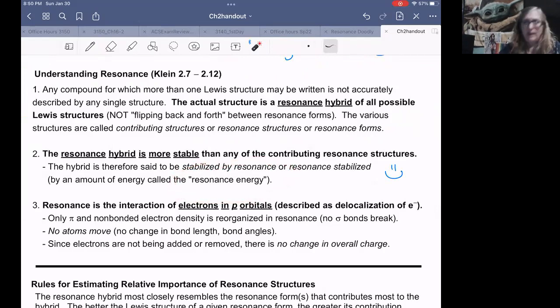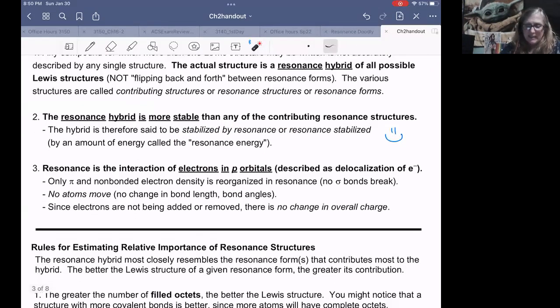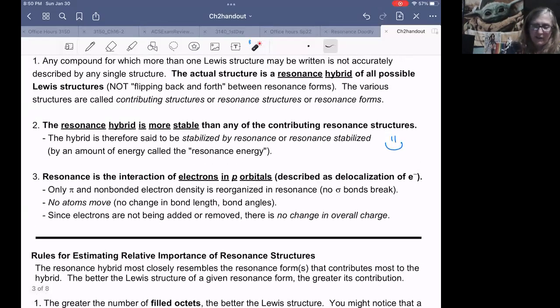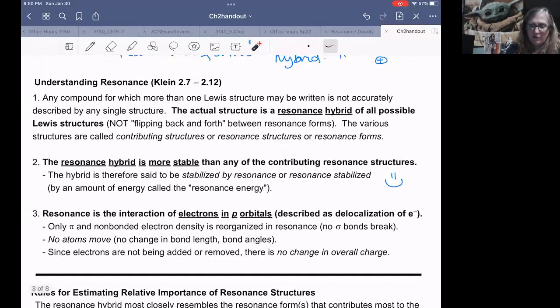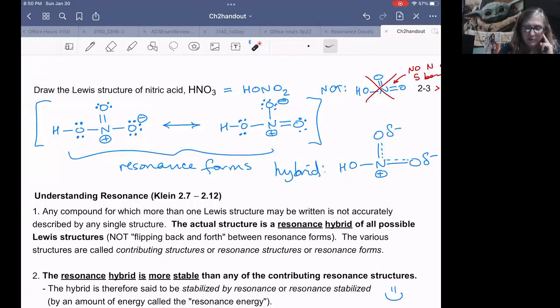Now, a more advanced topic that we're going to be coming back to down the line is what we're actually doing in converting this resonance structure to this resonance structure. What is the relationship of those two? What you see is that we've changed the location of the pi bond and we've changed the location of the lone pairs, and that's what resonance is.